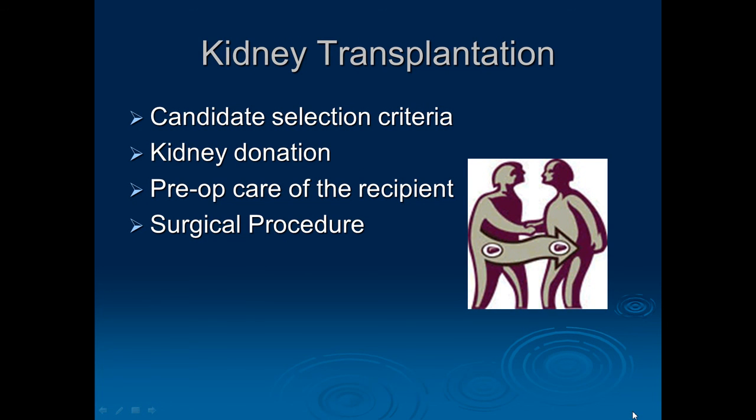Pre-op care for the recipient, just the basic pre-op care. Sometimes they need to see a psychiatrist if awaiting someone else's organs, or feeling guilty about taking a living donor's organs, or if they have to take a recipient that's died.